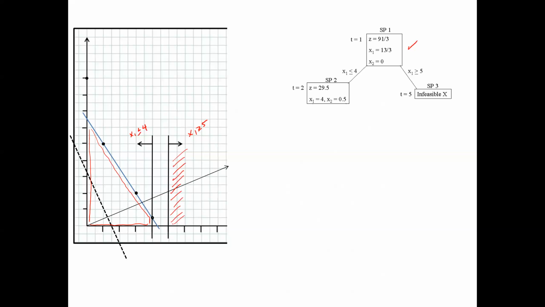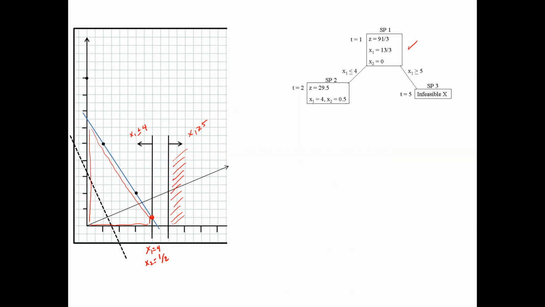Again, using the isoprofit line, we can find that this point right here, x1 equals 4, x2 equals 1/2, is the optimal solution.